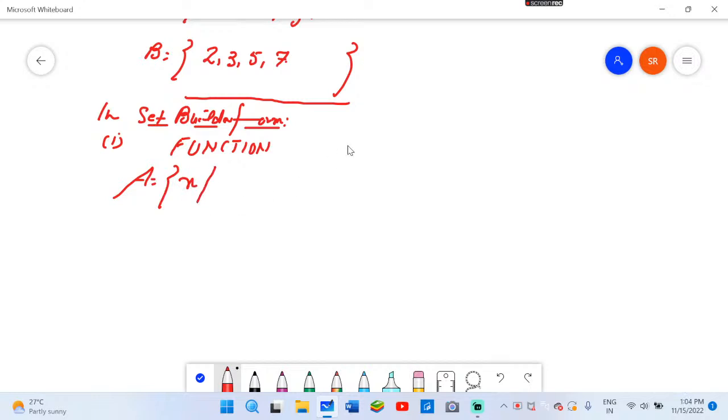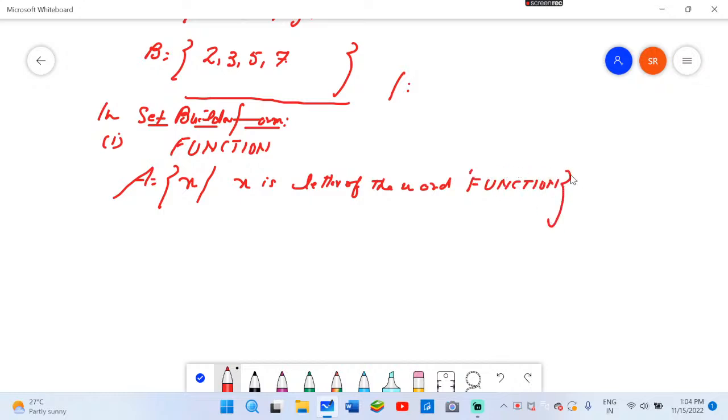that x is the letter of the word function.